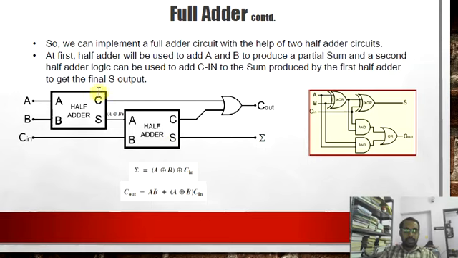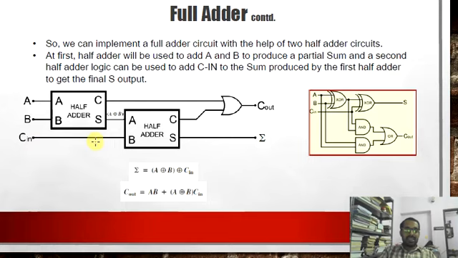As you see here, this is the first half adder unit, and the two inputs A and B are given to this half adder unit, and you will get the sum. As we saw in the case of half adder, the sum corresponds to A XOR B, and that sum is given to the input of the second half adder.